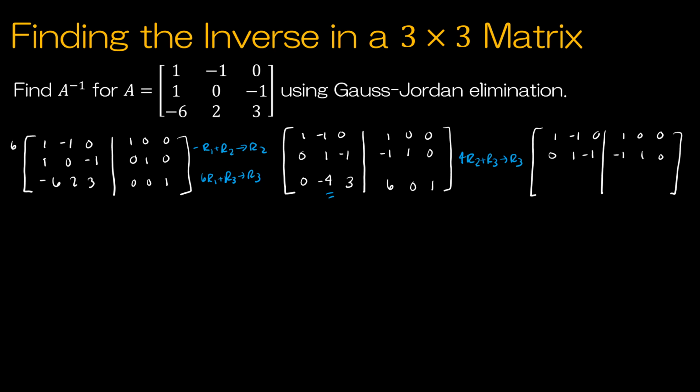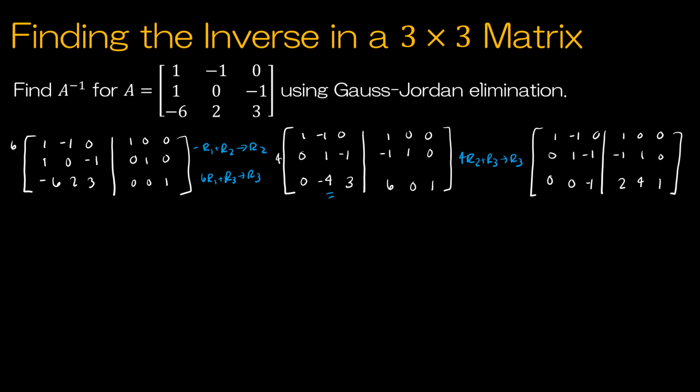And in row 3, I'm going to take 4 times row 2. So 4 times 0 is 0 plus 0. 4 plus negative 4 is 0. Negative 4 plus 3, negative 1. Negative 4 plus 6, 4 plus 0, and 0 plus 1.